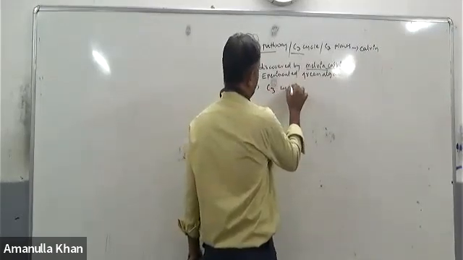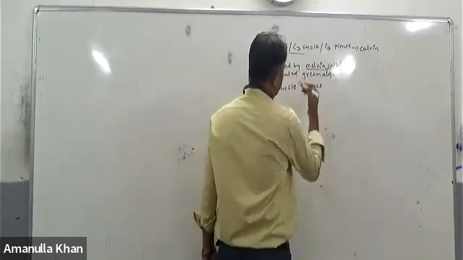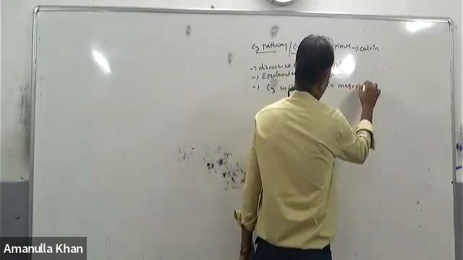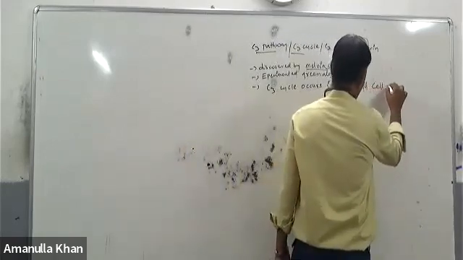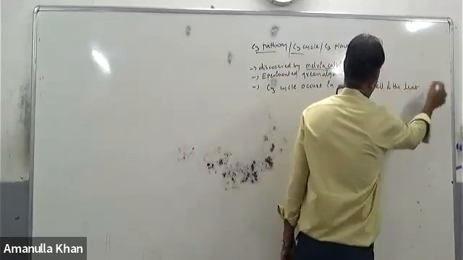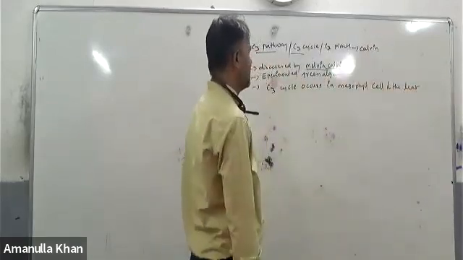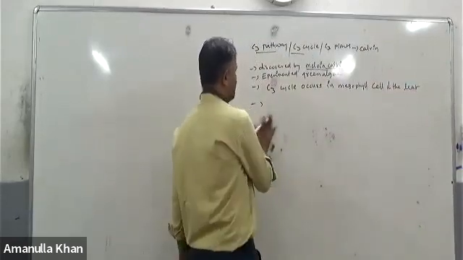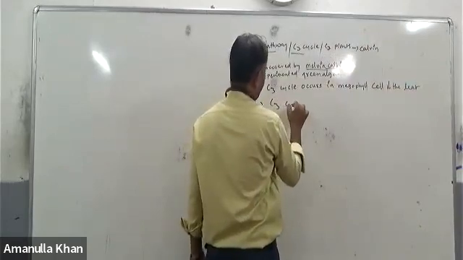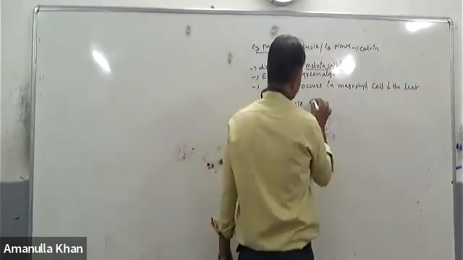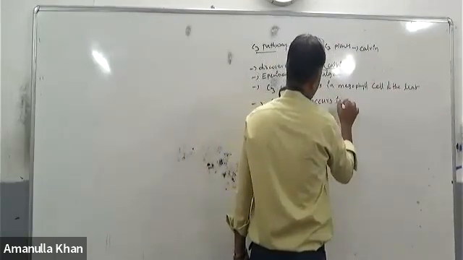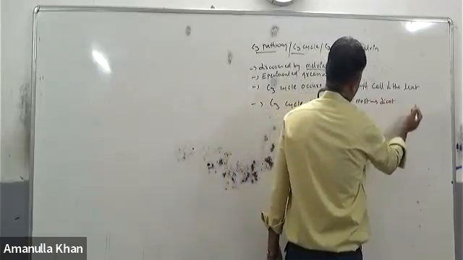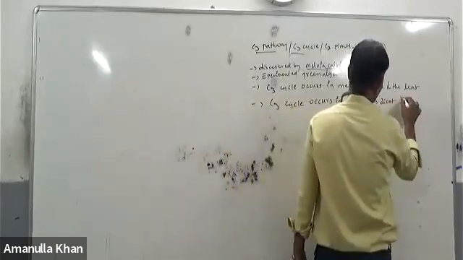The C3 cycle occurs in the mesophyll cell of the leaf, and the C3 cycle occurs in almost all dicot plants.